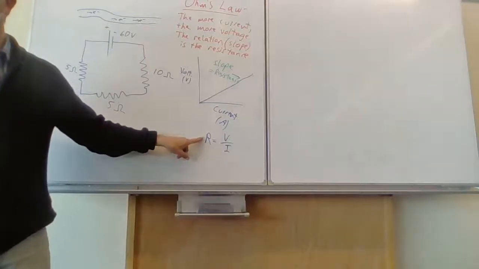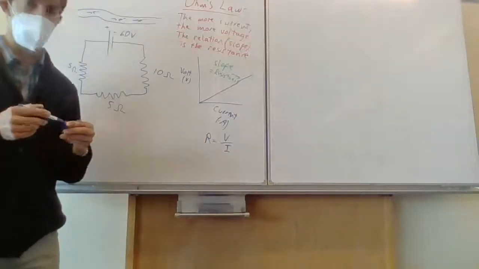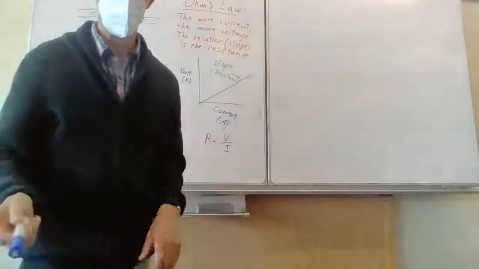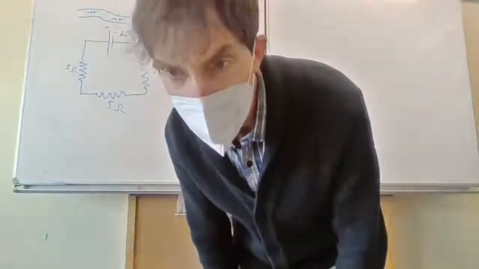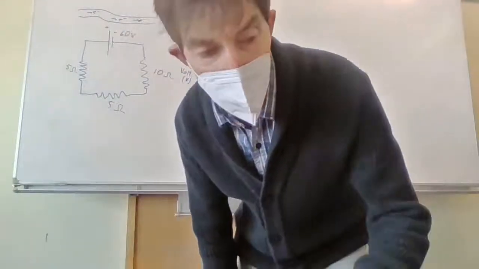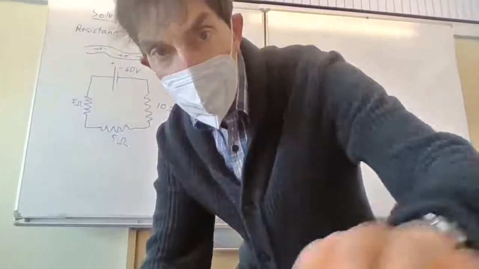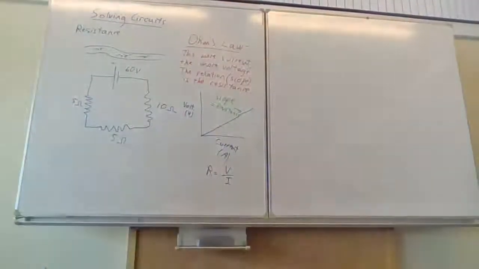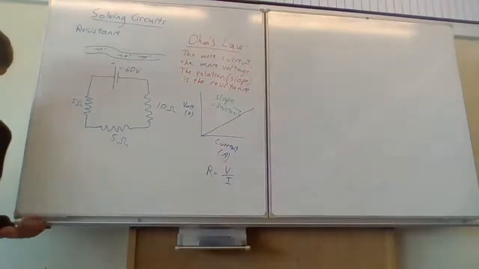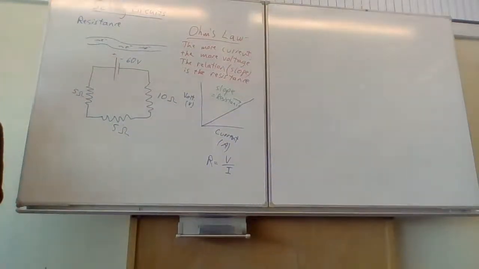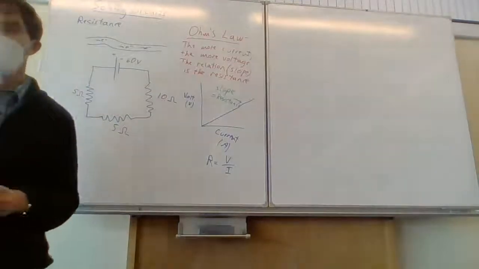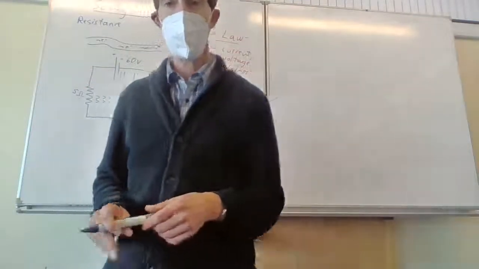But to be honest, most people remember a different way. Either Devontae or Ethan, do you guys remember from last year how to remember Ohm's law? How do you remember Ohm's law? Ooh, I'm glad I asked. Do you remember that, Devontae? Shall I give you a hint? Ethan too?